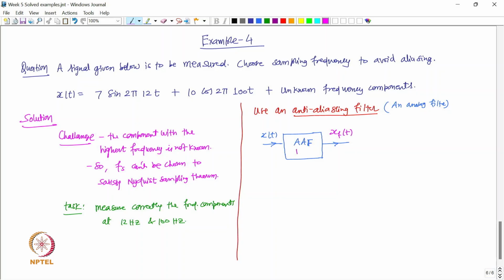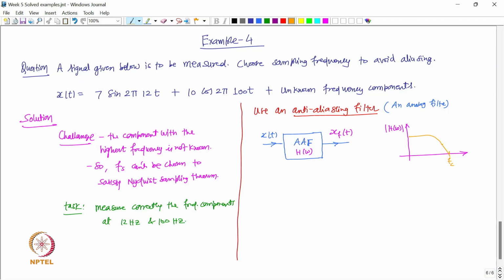Let us suppose H of omega is the frequency response function of this anti-aliasing filter. If I show here the magnitude of the filter's frequency response, it may look something like this. It has a flat response over a certain range, and then after a certain frequency f c it removes the frequency components a great deal.